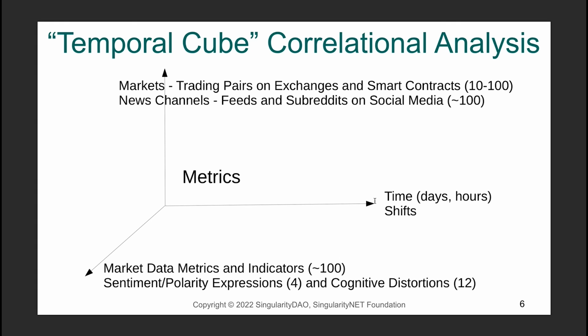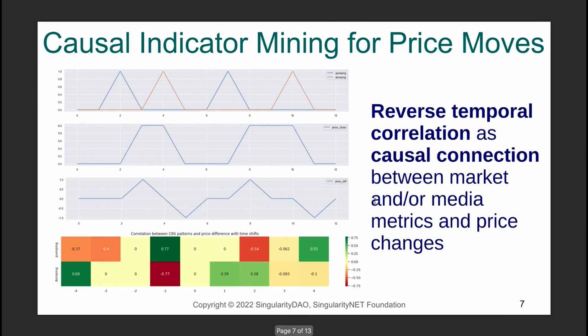And then we can use correlational analysis to compute the mutual correlation between all of these different metrics with different time shifts, assuming that the correlation of two different functions with a shift in time may point to the causal connection between the metric which is changing one step back in time before the other metric is changing one step forward in time.